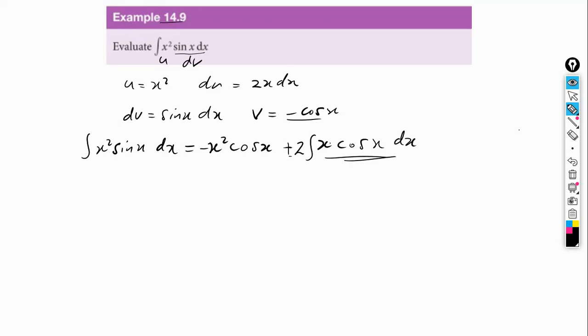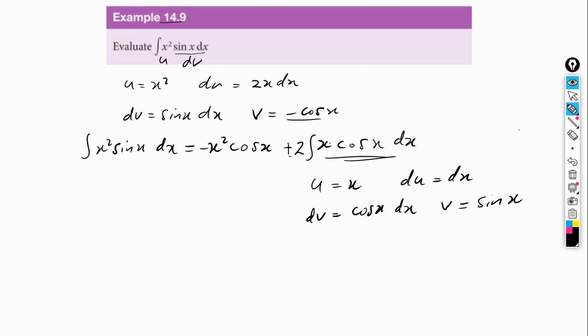So let's start by making x equal to u, and then the derivative of u will simply be dx. And let's make the derivative of v, cosine of x dx, and then v, which is the integral, is simply going to be sine of x.